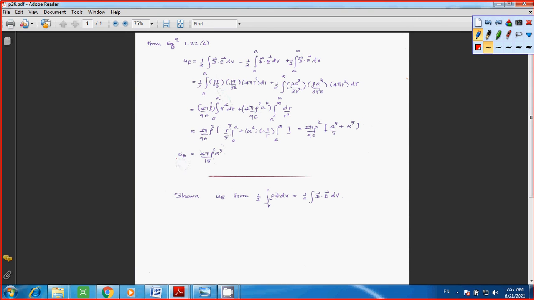By integration, you have U_E equal to 4 pi rho squared a to the 5th over 15. So U_E from 1 over 2 the volume integral of rho phi dV equals 1 over 2 the volume integral of D dot E.